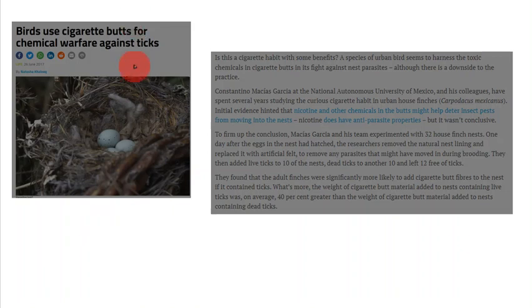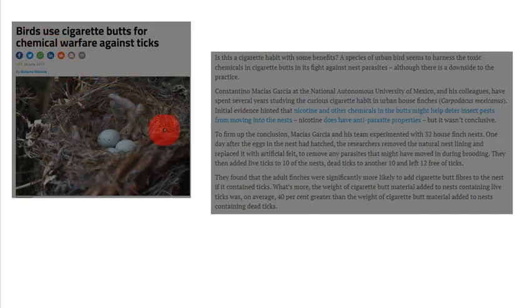Ticks hate nicotine, and it's basically a poison to ticks. It actually repels ticks and stops them getting into the nest, so it acts like a barrier, if you like. So the birds were using cigarette butts for chemical warfare against ticks.